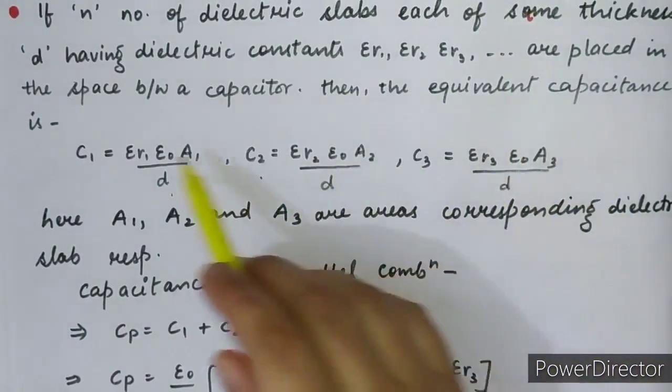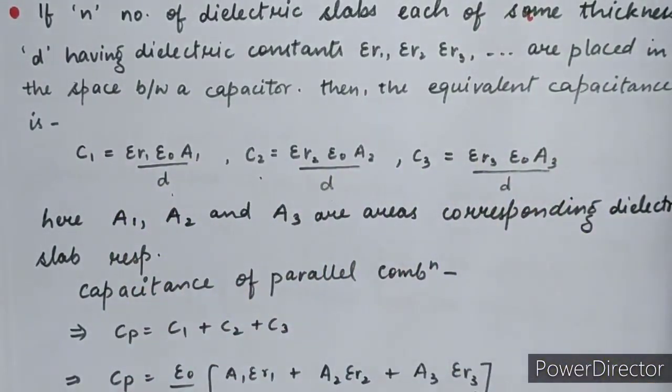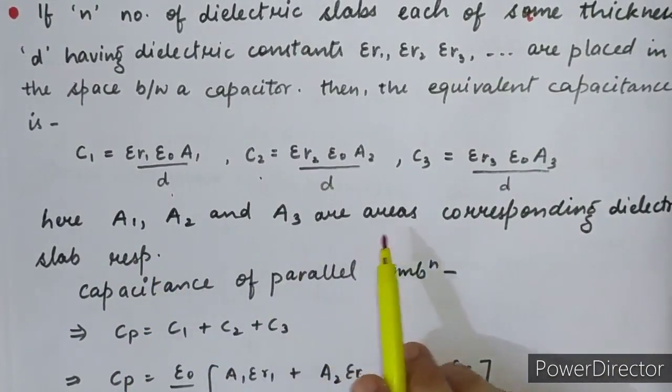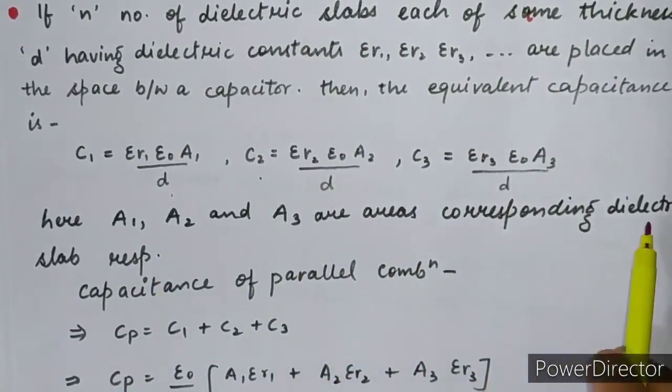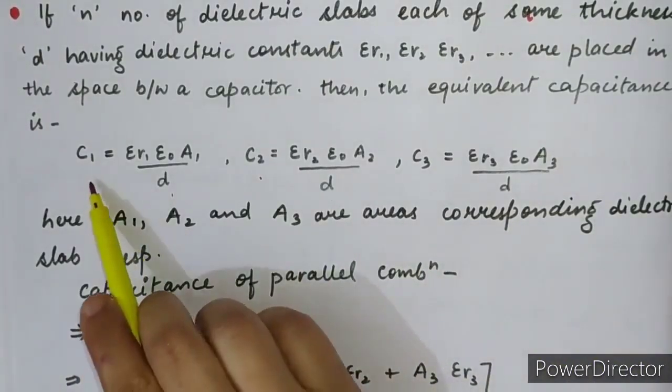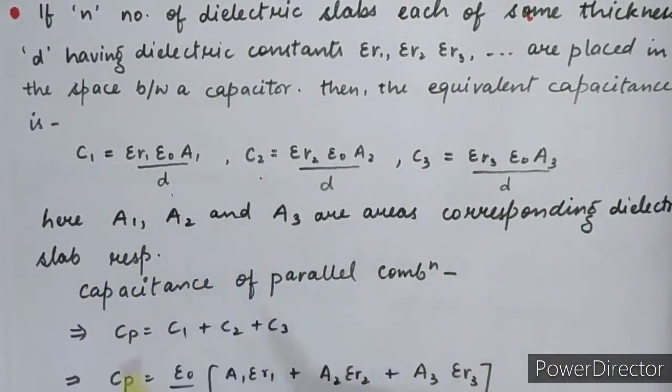Right now we have considered three capacitances connected in a parallel combination. Here A1, A2 and A3 are the areas corresponding to the dielectric slabs respectively. Means A1 for the capacitance C1, A2 for C2 and A3 for C3. Now what we have to calculate is the equivalent capacitance of the parallel combination.